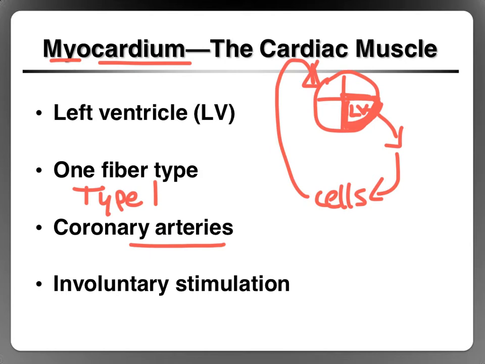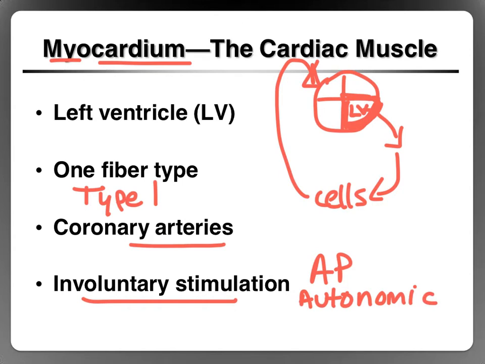The other thing is that the myocardium is stimulated involuntarily. So what that means is that you don't have to make a conscious decision to tell your heart to contract. The action potentials are going to come from the autonomic nervous system, and they're going to be involuntary signals telling the heart to contract.